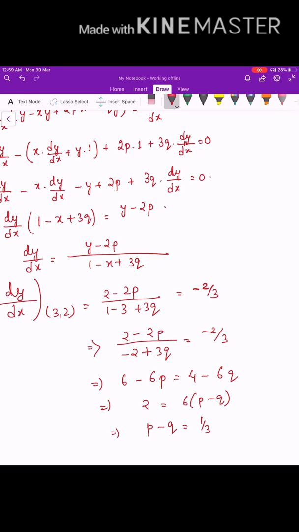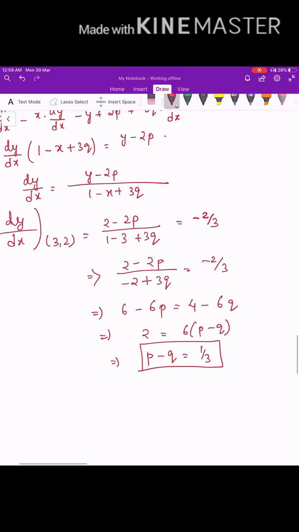Now, they've asked us the value of p and q, right? Now, here we have just got one equation and two variables. If you look at option A, p is equal to half, q is equal to half. In that case, p minus q becomes 0. Option B, 2, 2. If p is 2, q is 2, p minus q again becomes 0. In C also it becomes 0.